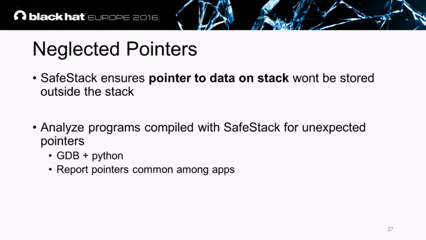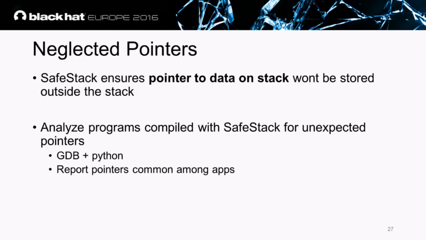So what we did, we analyzed some programs with a Python script and used GDB. We walked the whole memory space and looked for pointers that would point to the SafeStack region. So we collected the stack locations, then went over the memory and collected addresses that would point to the collected stack regions.